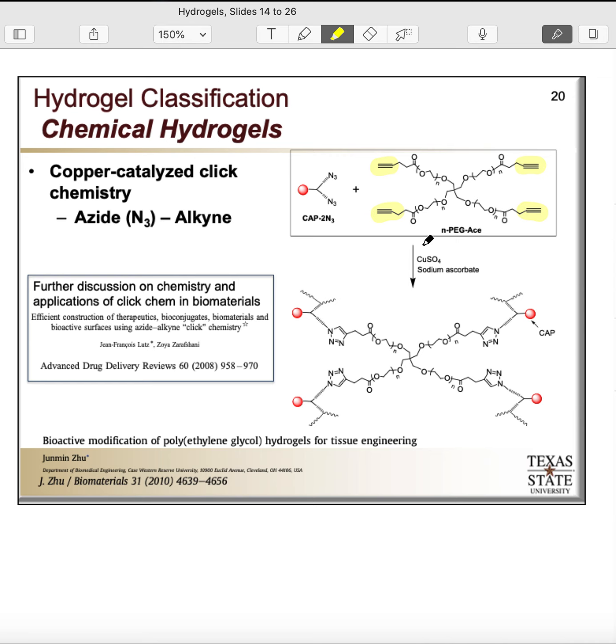And this was reacted with copper sulfate, which is copper 2, and then with sodium ascorbate. So sodium ascorbate has the role of reducing the copper 2 plus, which is what we're beginning with.